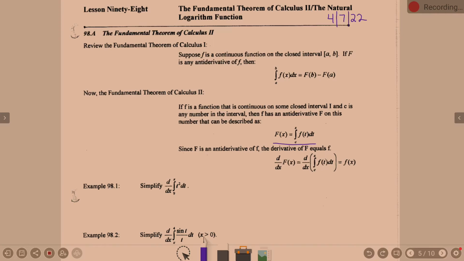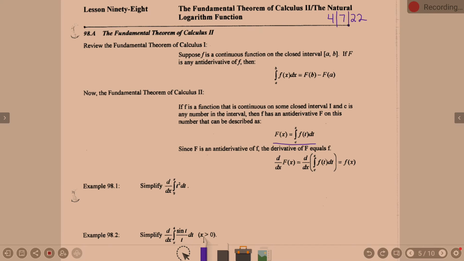So, as we look at example 1 there, simplify the derivative of the integral from 9 to x of t squared dt. Well, Fundamental Theorem of Calculus, once you understand it, you can just look at it and know the answer. The derivative and the integral essentially cancel each other out, right? They undo each other.